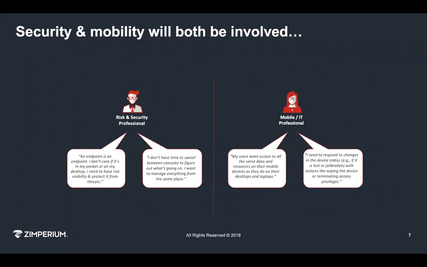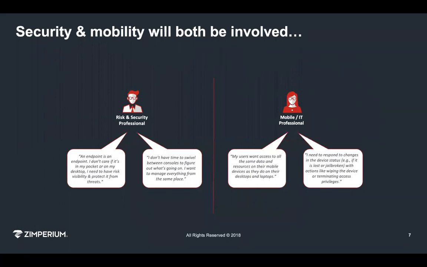There are security people that need to deal with it. Like I said, an endpoint's an endpoint. I need all this information to come in to existing systems that I've got. I need to be able to make this a part of my overall incident response, my overall instrumentation and visibility from a security side. Then you've got the mobile IT professionals.